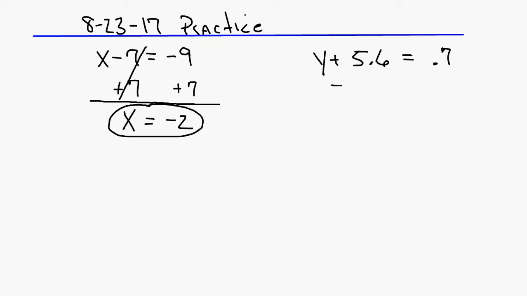Very good. So you're going to subtract 5.6 from each side. The 5.6's cancel out. The y falls down. The equal sign falls down. So in the calculator, it's 0.7 minus 5.6.